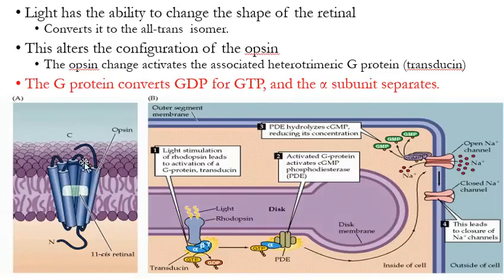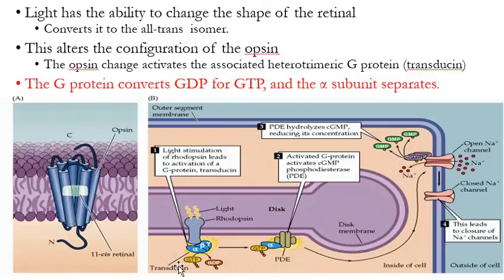A is showing the opsin and an 11-cis retinal, so this is before the change. Once light strikes, it changes the 11-cis to an all-trans isomer, and once there's an all-trans transition, the opsin changes its configuration. The change of configuration is the one that now activates the associated G protein transducin.